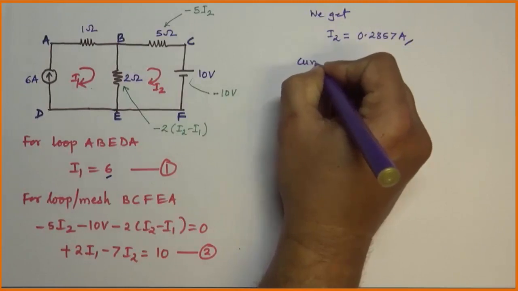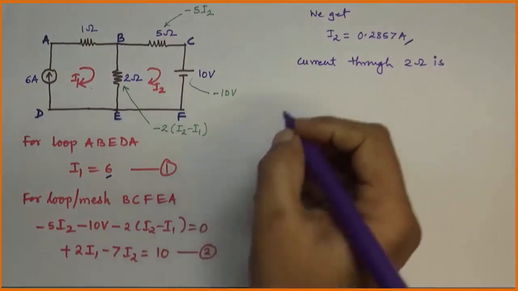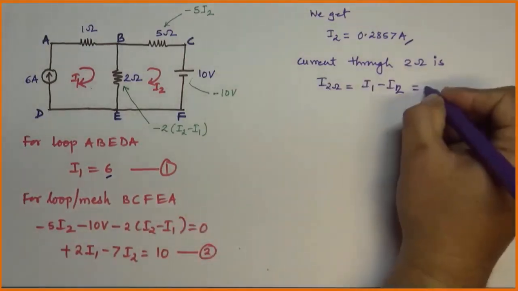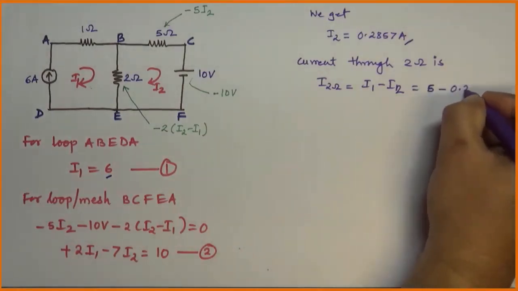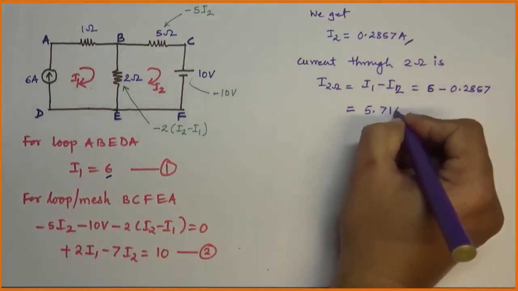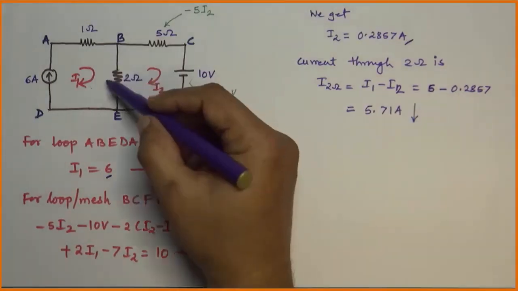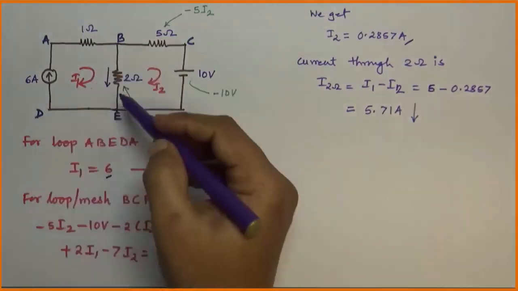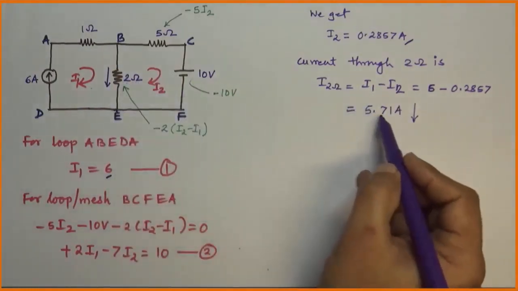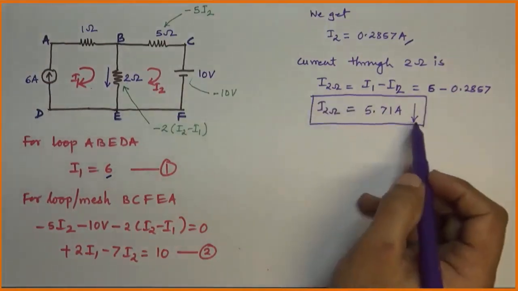Hence, current through 2 ohm resistor is given by I1 minus I2, that is 6 minus 0.2857, that is equal to 5.71 ampere, and the direction of current is downward. So this is direction of actual current in 2 ohm resistor with the value 5.71 ampere. This is answer of our question.